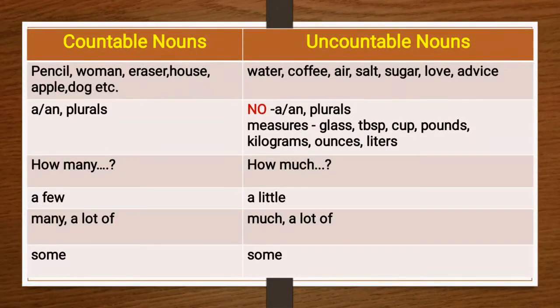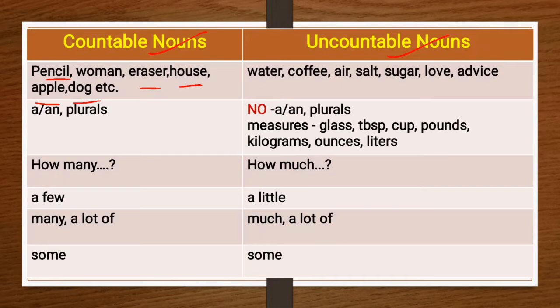As the name suggests, the nouns which we can count are called countable nouns, and the nouns which we cannot count come under the category of uncountable nouns. For example, woman, pencil, eraser, house, apple, dog are examples of countable nouns.